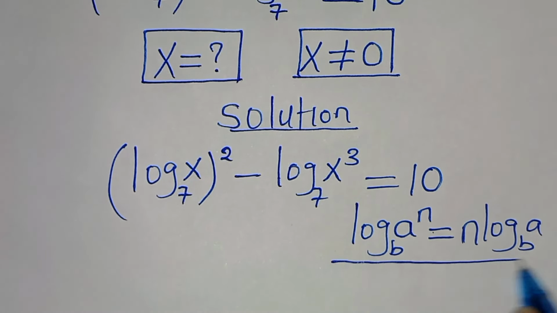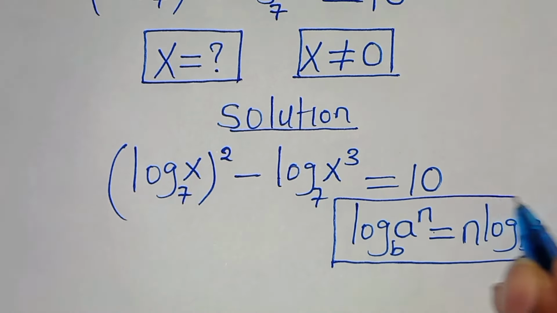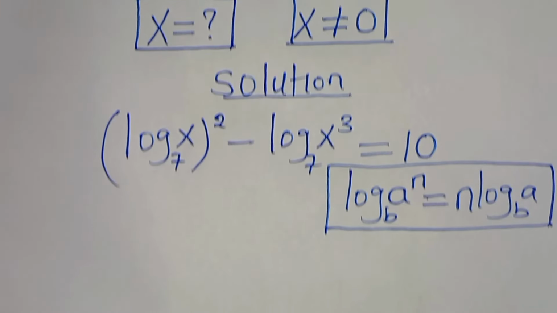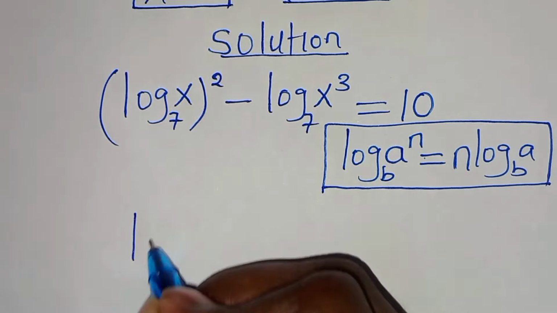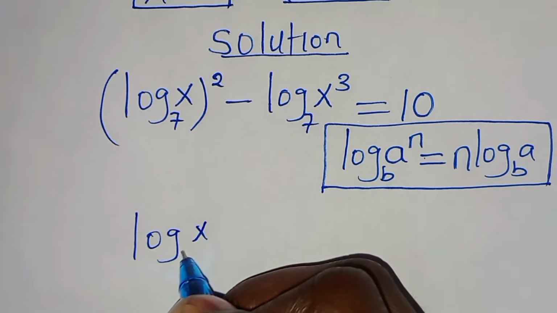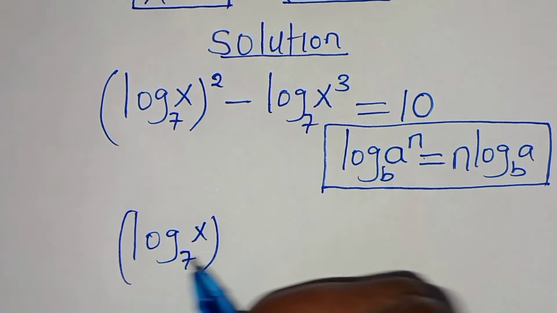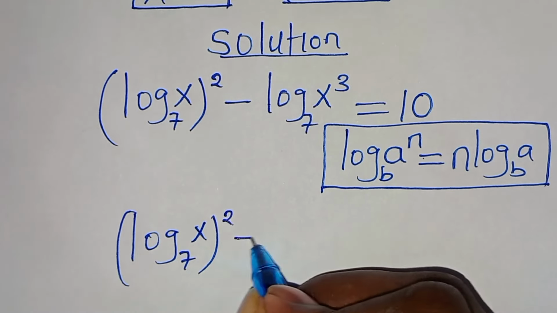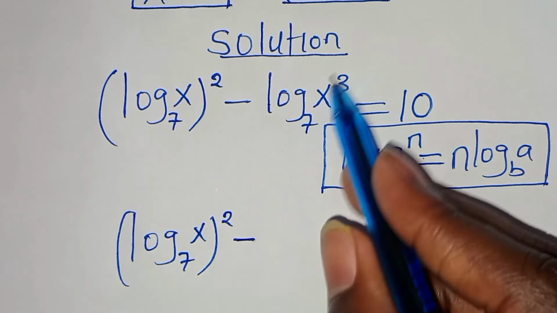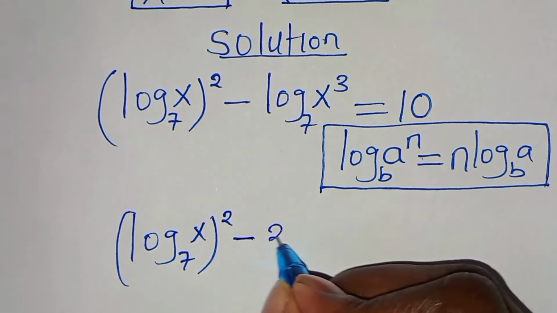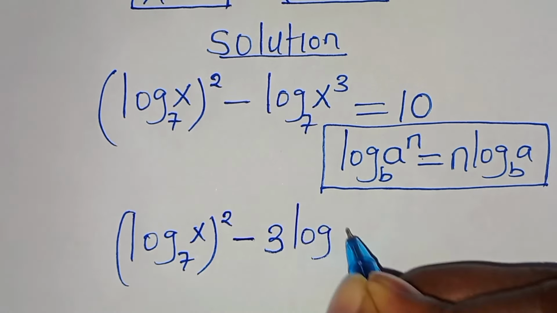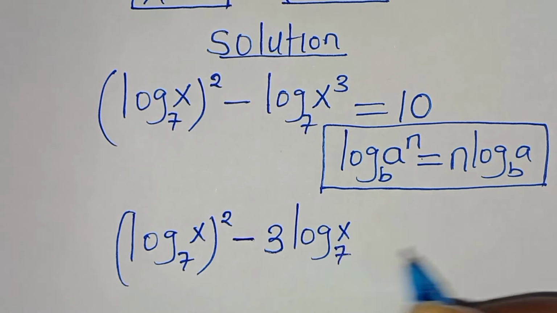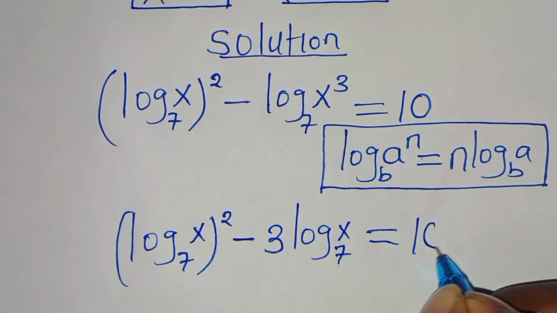So let's apply this logarithm property, so that now we have (log x to base 7) raised to the power of 2, then subtract, now log x to the power of 3 to base 7 becomes 3 log x to base 7. This is equal to 10.